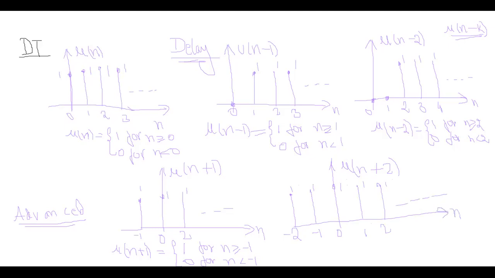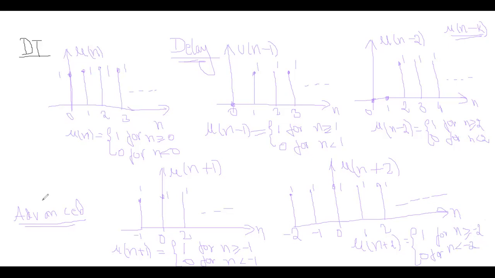Now what is the expression here? Mu of n plus 2, the advanced function, is shifted towards the left side. Also the magnitude is 1 for n is greater than or equal to minus 2, and 0 for n is less than minus 2.